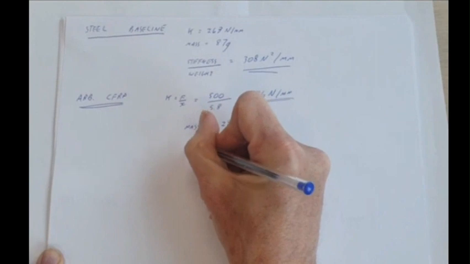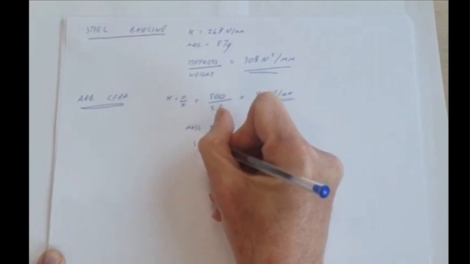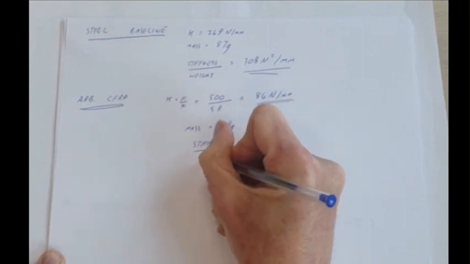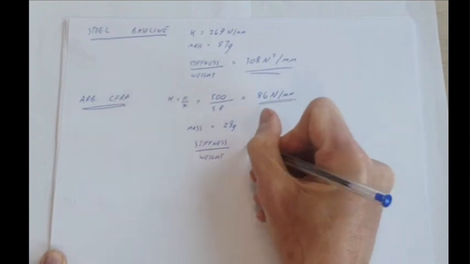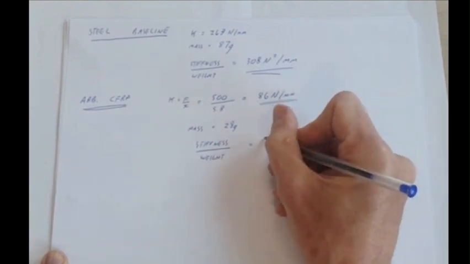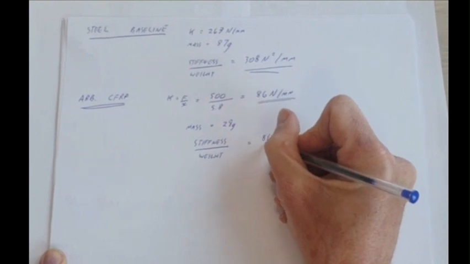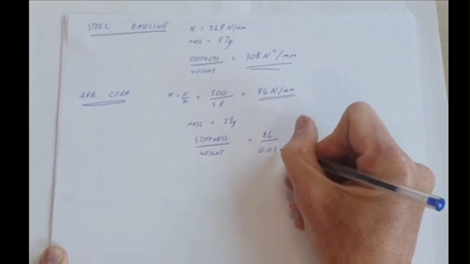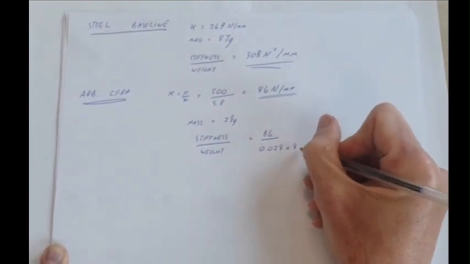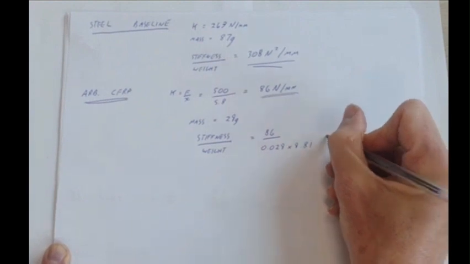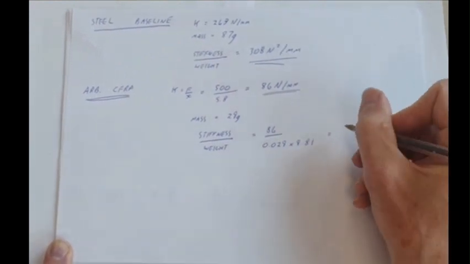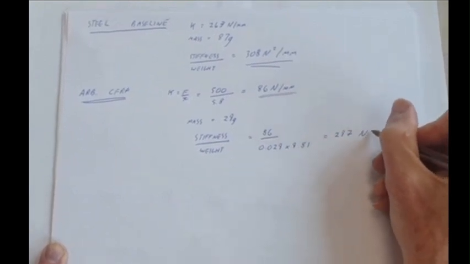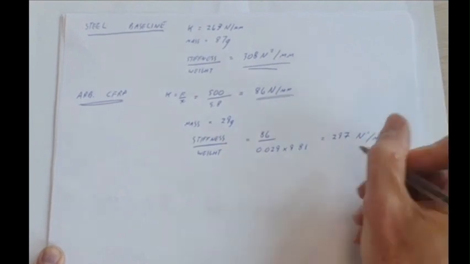So our stiffness to weight ratio is 86 divided by 0.0229 grams times by 9.81, which is going to give us 297 newtons squared per millimeter.